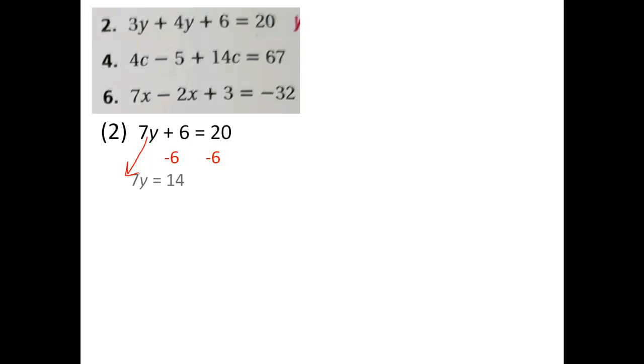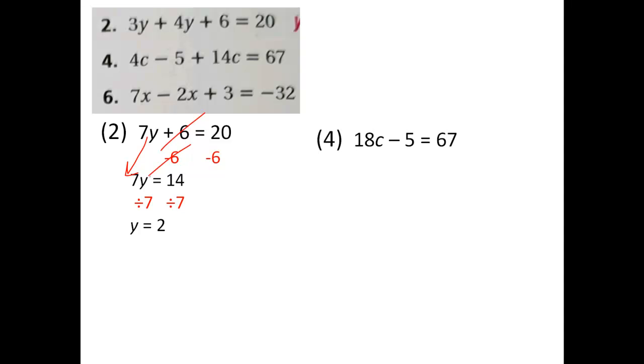And 6 will go out with this 6. Then we will have 20 minus 6 is 14. Now we will divide by 7 on both sides, because the relation between 7 and y is multiplication, so we will undo it by division. Divide by 7 on both sides, y equals 14 divided by 7, which is 2.